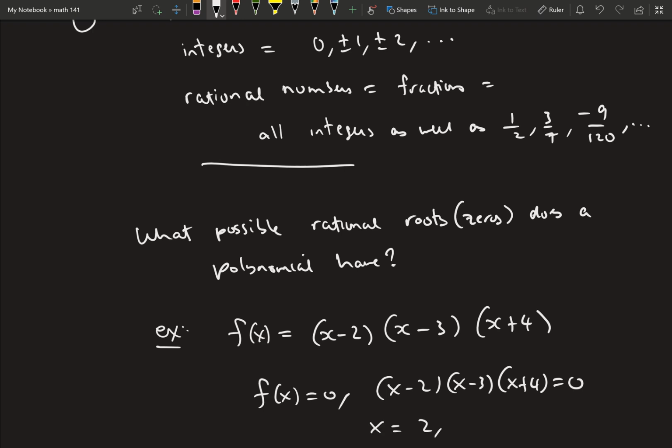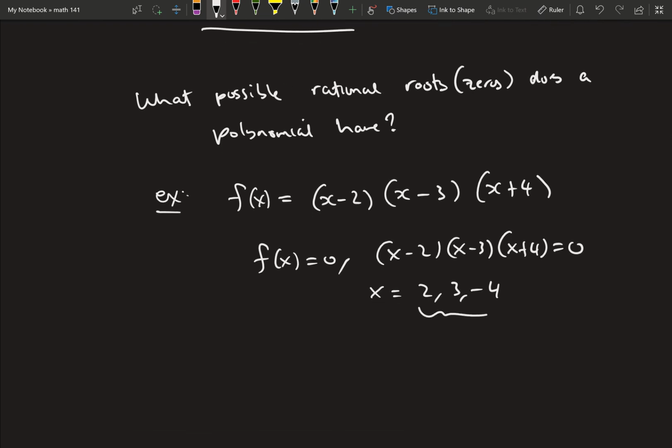So x equals 2, 3, or minus 4, and these are the zeros. These are called zeros or roots of f of x, because when you plug them into f, you get 0. So this means f of 2, f of 3, f of negative 4, these all equal 0.